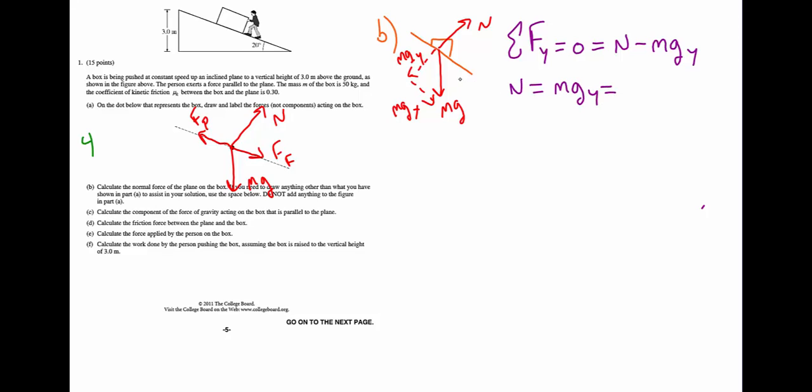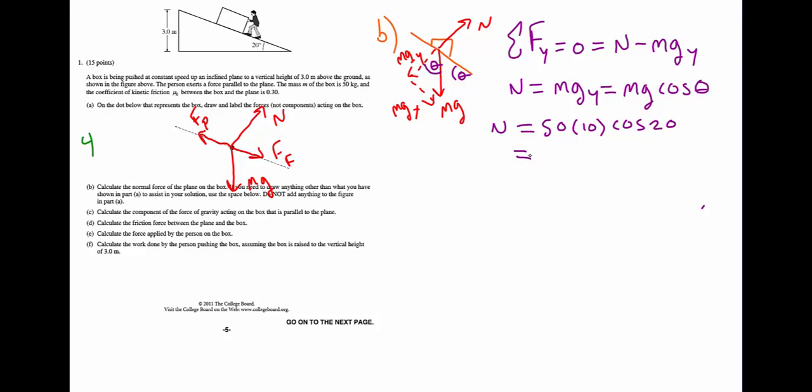Because that y component of gravity is adjacent to my angle theta, I'm going to take mg and multiply it by the cosine of my angle theta. For my final normal force to equal mg cos theta, I'm going to use g as 10. So it's going to be 50 times 10 times the cosine of my angle, and that angle is given in the diagram of 20 degrees.